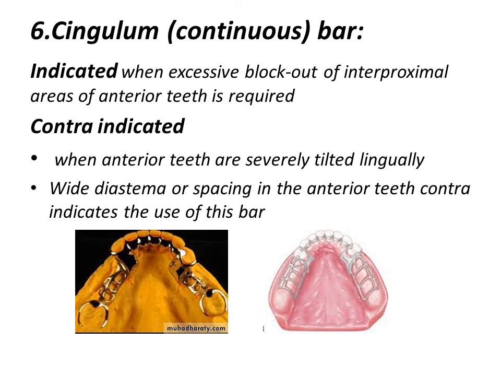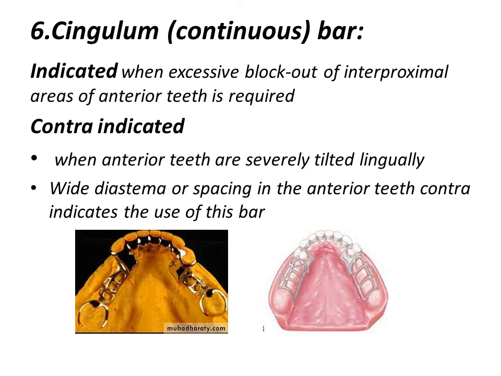We have another type which is called the cingulum or continuous bar. It's only a cingulum bar, not like the Kennedy or double bar. The double bar has a lingual bar with a cingulum bar. Now we have this type, which is called the cingulum or continuous bar.